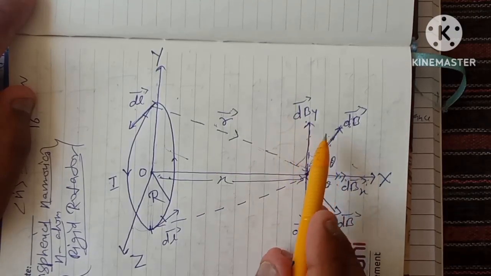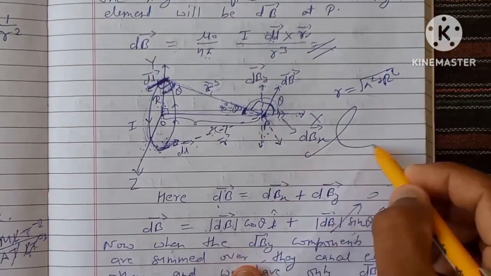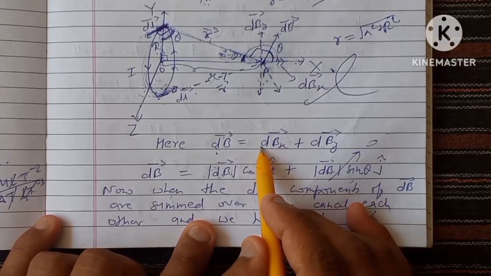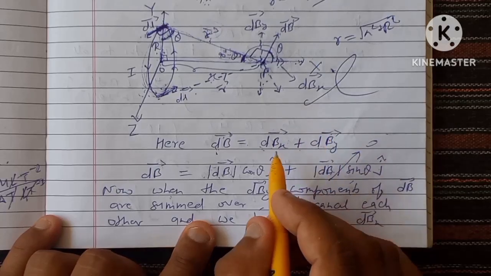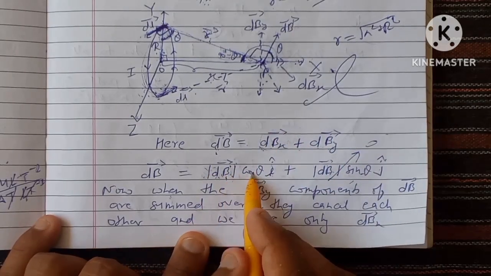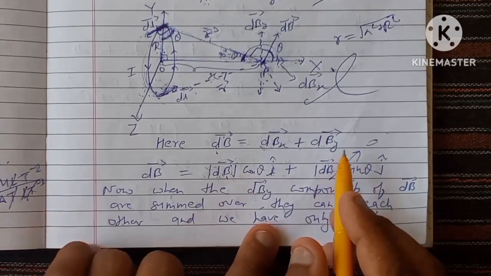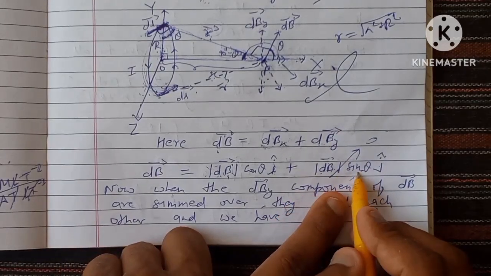I can write dB vector as dBx vector plus dBy vector, where the magnitude of dBx is dB cos theta, and the magnitude of dBy is dB sin theta.